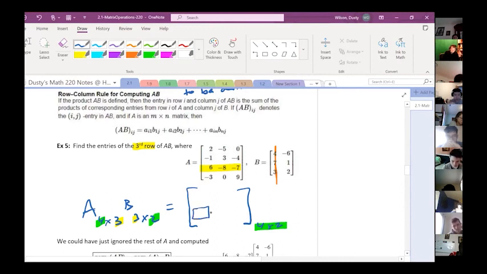So we'd have 6 times 4 plus negative 8 times 7 plus negative 7 times 3, which is what?